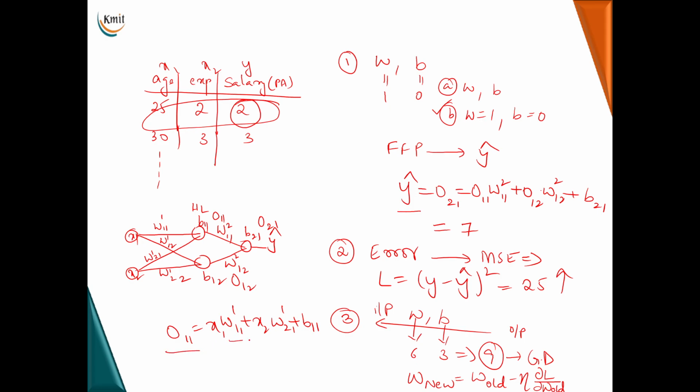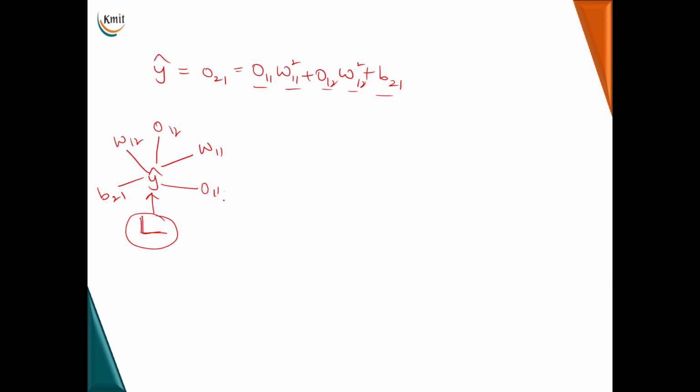By varying W11, W21 and B11. I will not vary x1 and x2 because these are constants. So O11 can be varied by varying W11, W21 and B11. So on, I will write the hierarchy.